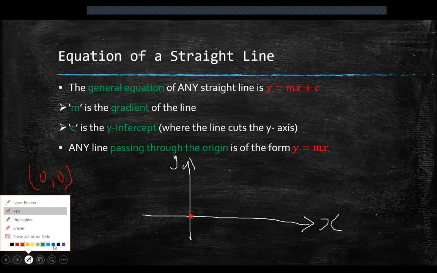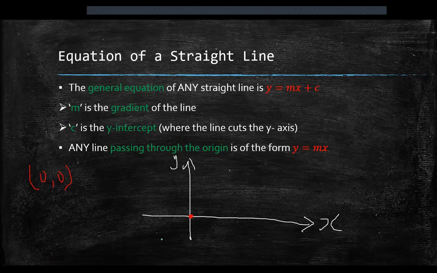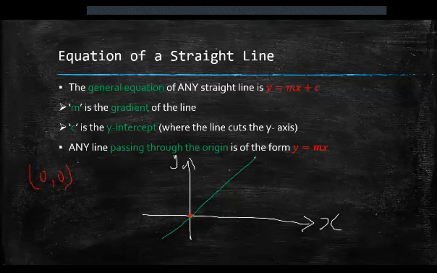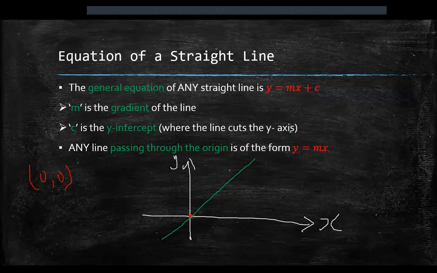And any line that passes through this point, so say this is my line, it has a positive gradient. You could remember, y-intercept is where it cuts the y-axis. This line does not cut the y-axis, and that's why it does not have plus c here, right? No plus c.